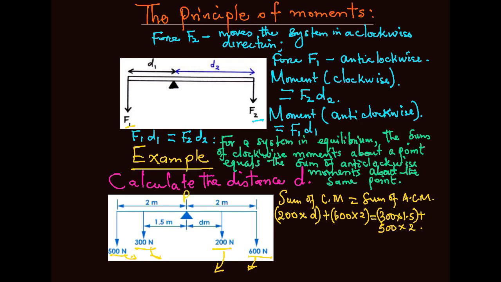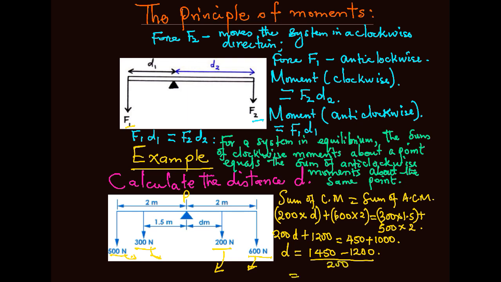So this, as a result, gives us 200d plus 1200 equal to 450 plus 1000. Collecting the like terms and simplifying, d is equal to 1450 minus 1200, divided by 200.